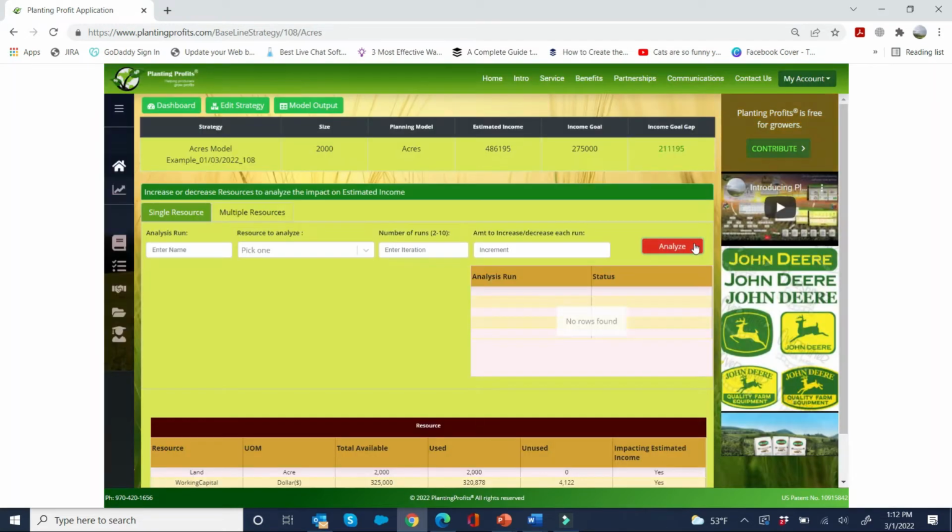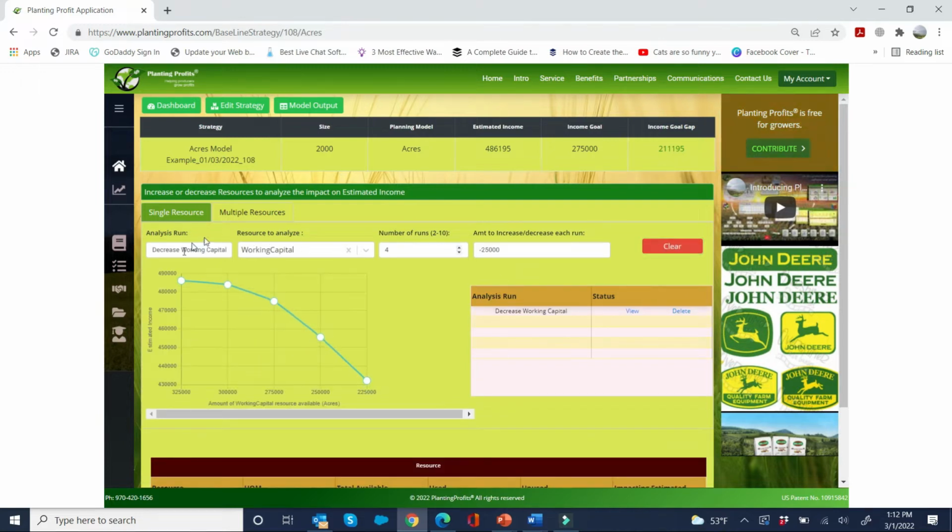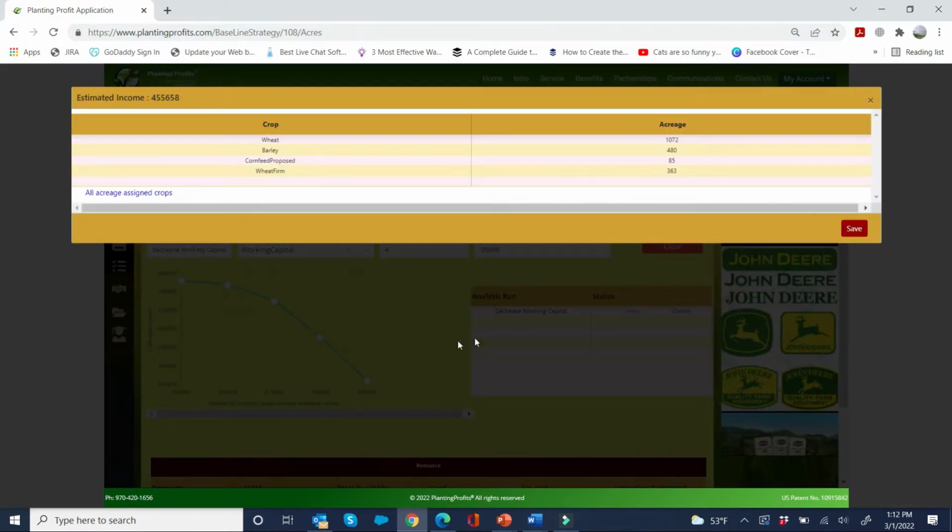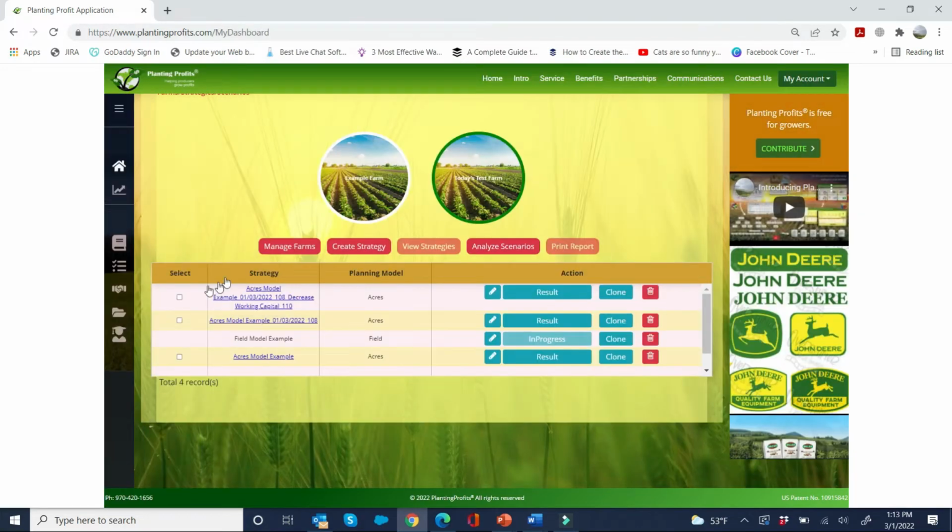Open the view. These points are the most profitable crop mixes as working capital is decreased. Let's view this one. This is the most profitable crop mix when this amount of working capital is made available. This may or may not seem like a good trade-off.